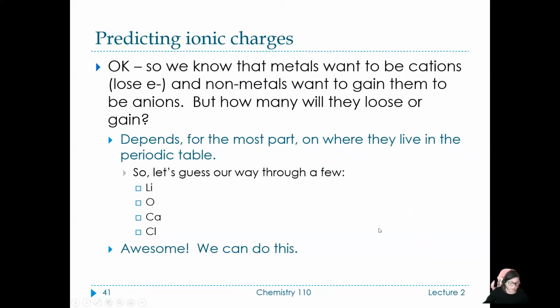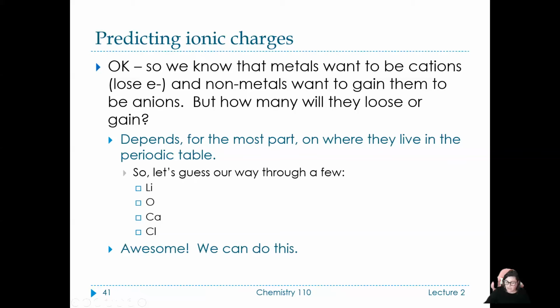So let's talk about lithium. Again, lithium is element number 3. It's in group 1A. So if it's in 1A, it can lose 1 electron to become like helium. So that's going to be Li+. Oxygen is number 8. It's in the second row and in the p group. It wants to be an anion because it's a nonmetal.